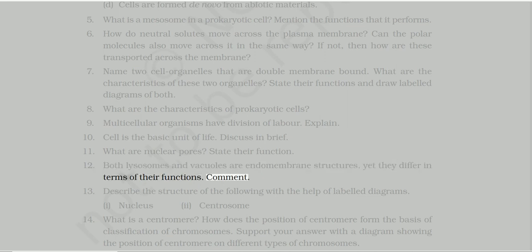Comment. 13. Describe the structure of the following with the help of labeled diagrams: 1. Nucleus, 2. Centrosome. 14. What is a centromere? How does the position of centromere form the basis of classification of chromosomes? Support your answer with a diagram showing the position of centromere on different types of chromosomes.